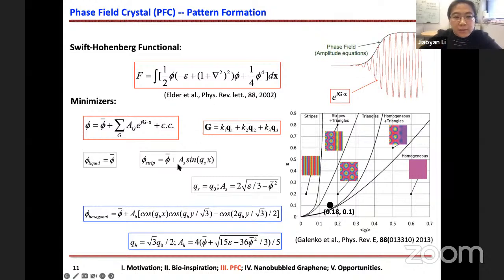So this kind of minimizer can describe the crystal structure, crystal information, based on this proposed form as the minimizer of the function.